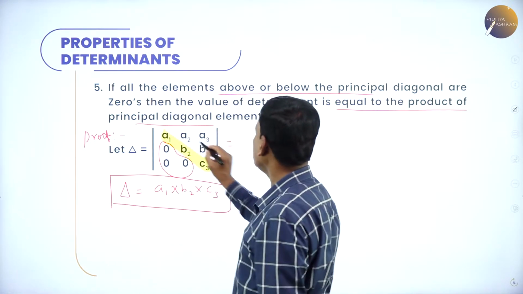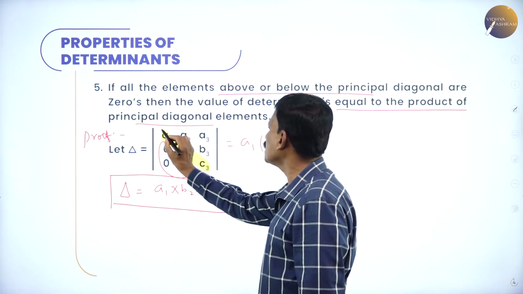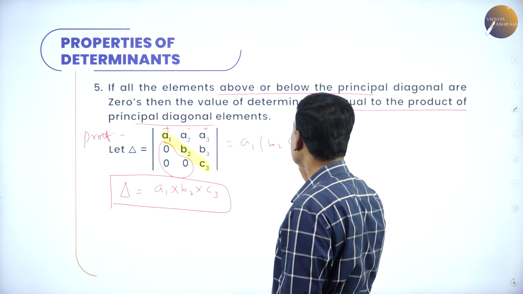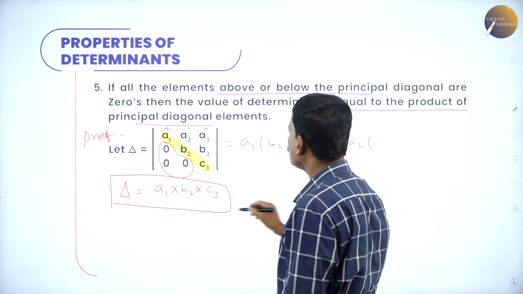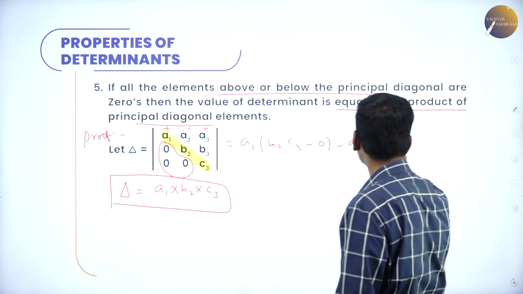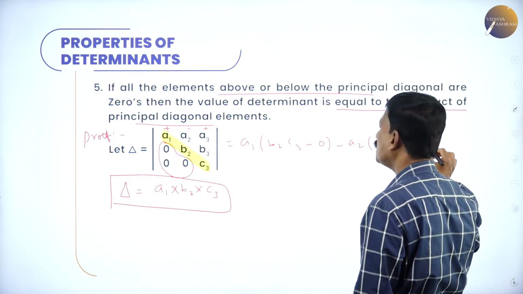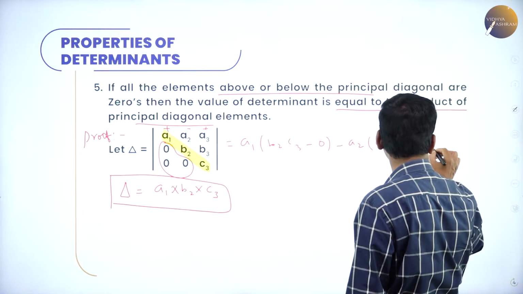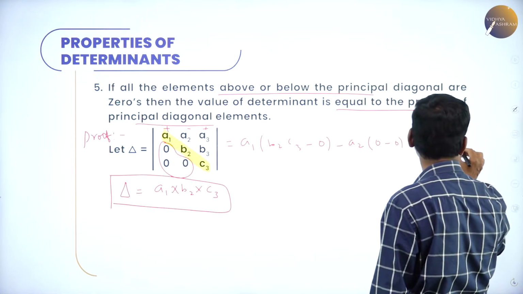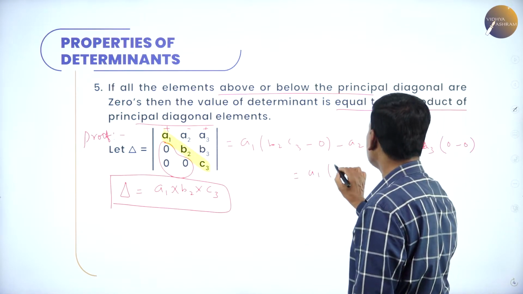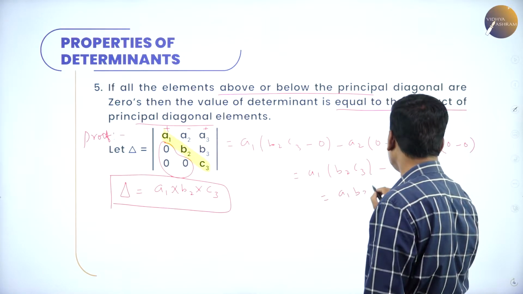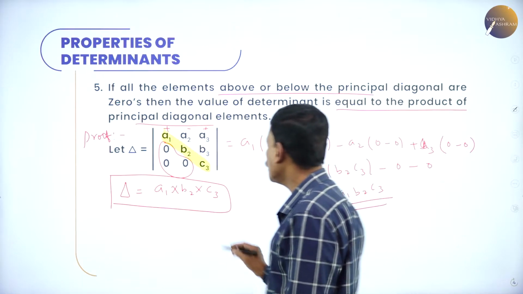Now let us prove this. a1 into, so this is plus, minus and plus, this element is gone, b2 c3 minus 0, minus a2 into, delete the row and column containing a2, this is gone, this is gone, 0 minus 0, plus a3 into, this is gone, this is gone, 0 minus 0. So a1 into b2 c3, remaining are 0. So this is equal to a1 b2 c3.